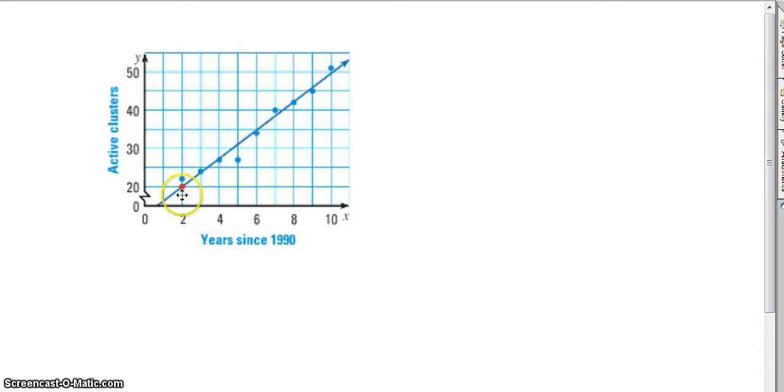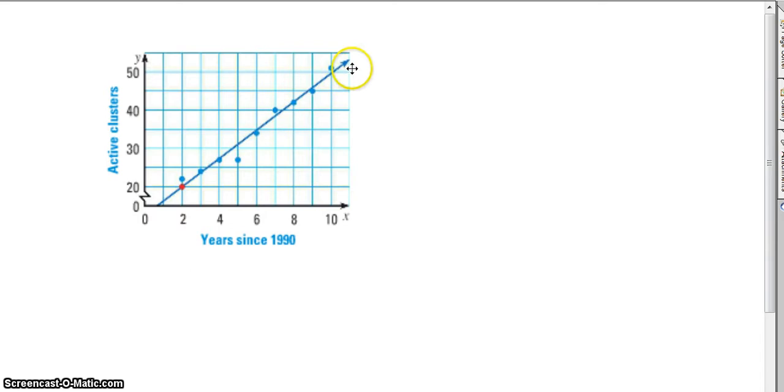In 1992, it looks like they took a sampling and found there are about 21 or 22 clusters of this type of bird. But look at what happens in the year 10. Year 10 would represent what year in the calendar, everyone? The year 2000. It looks like there are a little over 50 clusters of these birds. Okay? And then they have a whole sampling in between over the years.